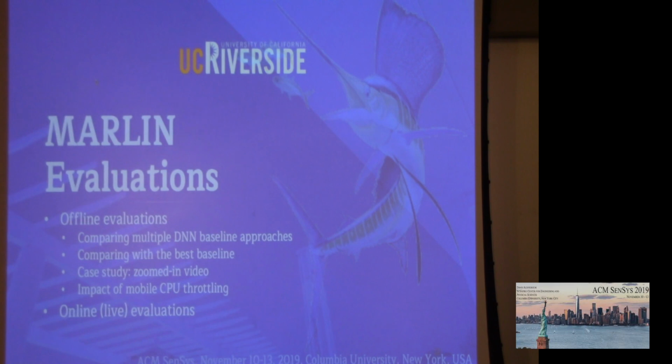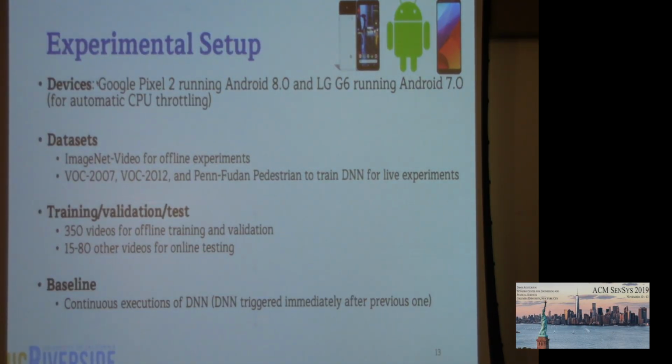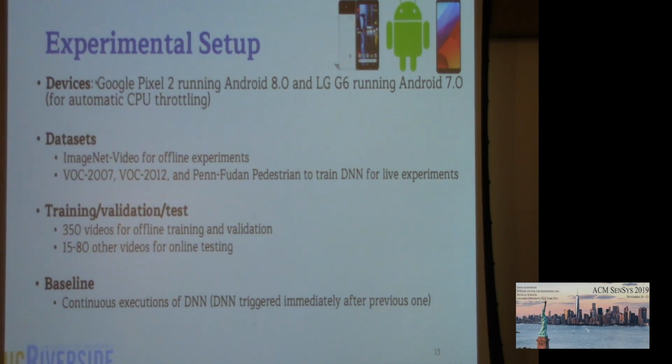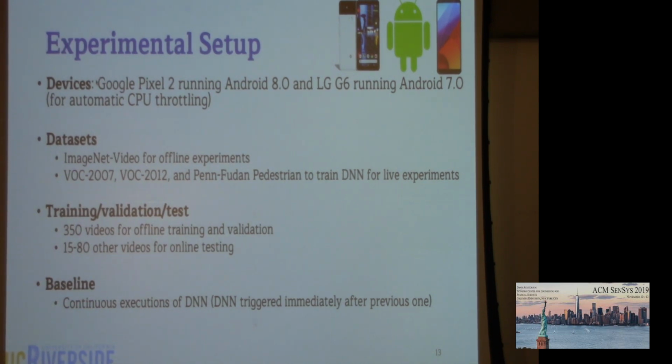So this is the evaluation of MARLIN. The experimental setup we have is a Google Pixel 2 running Android 8.0 and an LG G6 running Android 7, which we use for the automatic throttling experiment. We have datasets to train and test: we use ImageNet Video for the offline experiment, and we use VOC and PennFudan pedestrian to train for the live experiment, because we need to track people in that live experiment.